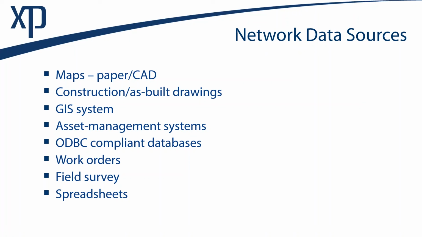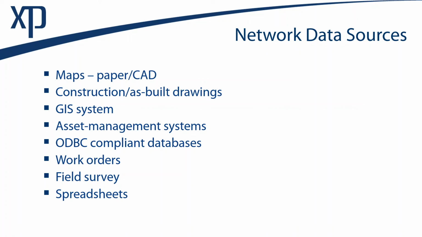Optimally, we'll get it from a GIS system where everything is already geo-referenced, and hopefully a lot of the values that we talked about earlier are also stored in the GIS system. So it's just read in when we bring it into the model. But again, sometimes we don't have that luxury, and we might have it stored in some other ODBC compliant database or an asset management system.